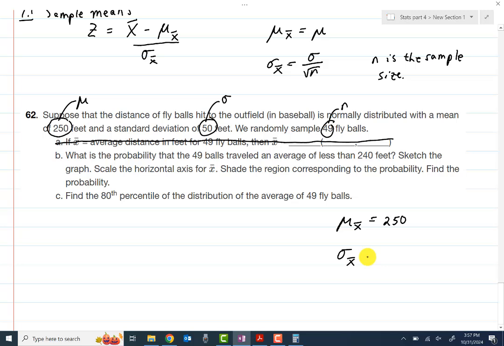And then sigma sub x bar is sigma divided by the square root of n. Sigma is 50, square root of 49. This is what I got for my sigma sub x bar. What is the probability that the 40 balls traveled an average of 240 feet? All right, so let me get a picture of this.